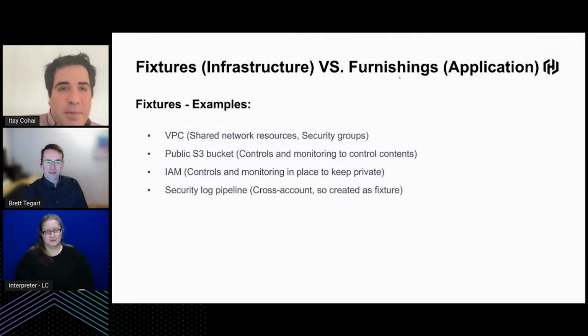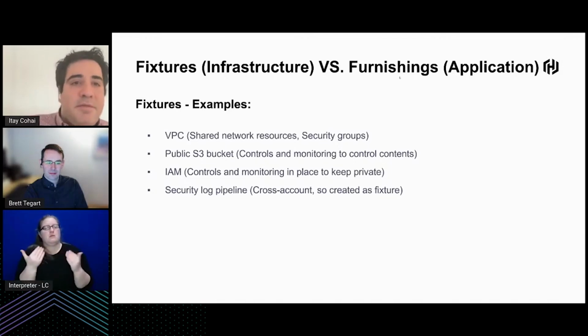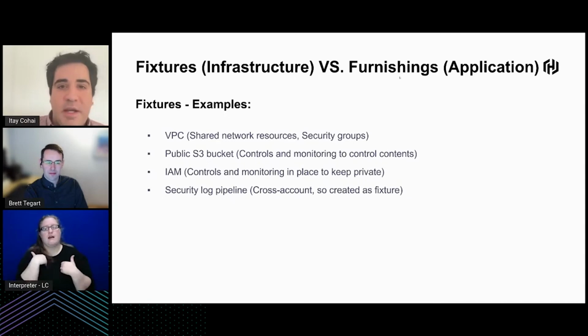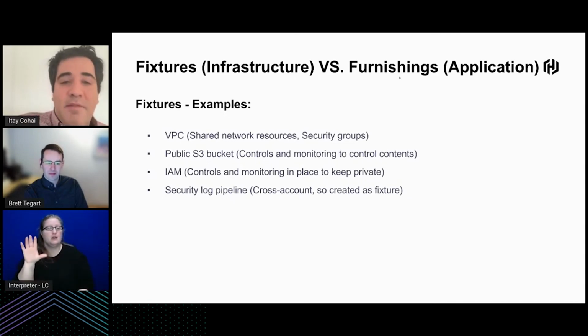So some examples, I've said some, but let's dig deeper, right? In fixtures, you would have VPC, if we're talking about AWS, you have blob storage like S3 buckets, right? You have identity, you have security logging, and so on and so forth.